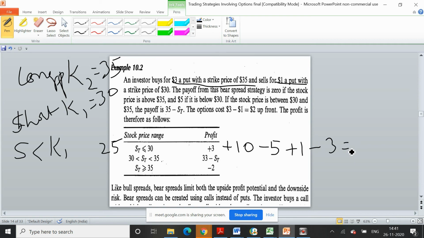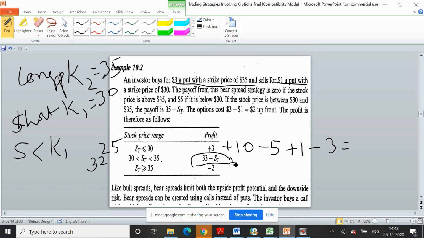If the price lies between 30 and 35, let's say the price is 32, what will be the payoff? Again, you see what the long put will do and what the short put will do. In summary, they have shown it like this: 33 minus ST, the spot price, so 33 minus 32, so $1 will be the profit.